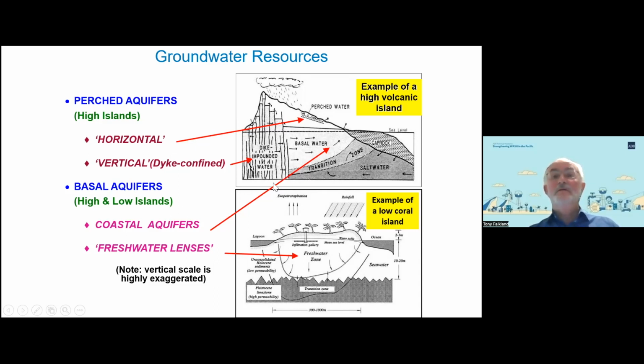And apart from the coastal aquifers, we have what are called freshwater lenses, which occur as freshwater bodies on small coral islands, and underlying the freshwater zone is a transition zone and seawater. Now, the scale of vertical and horizontal here is quite exaggerated.